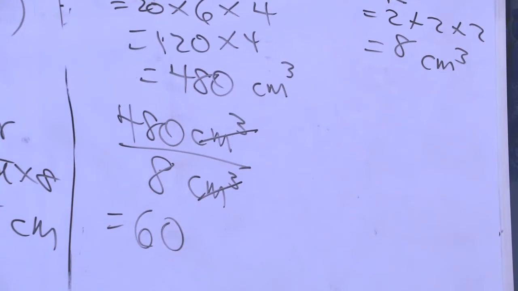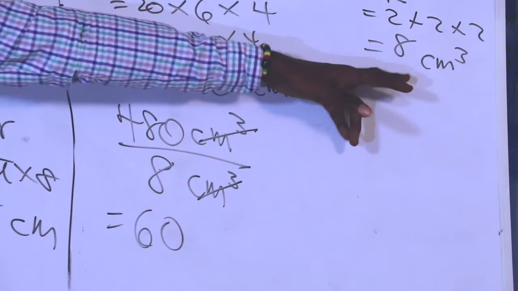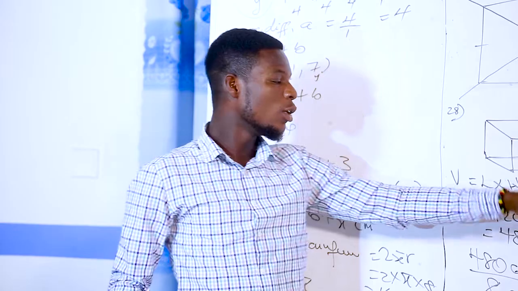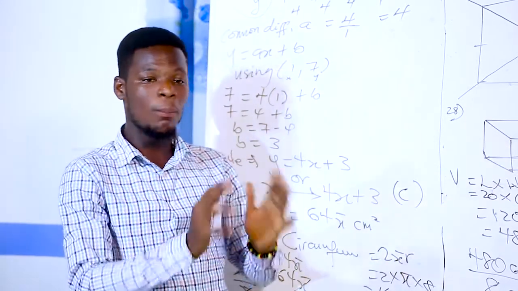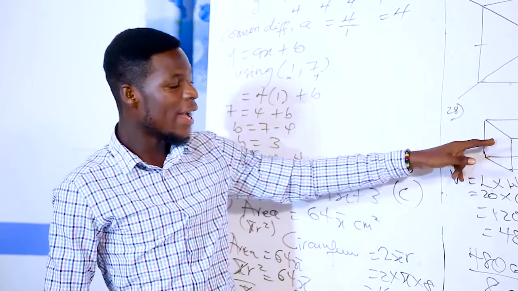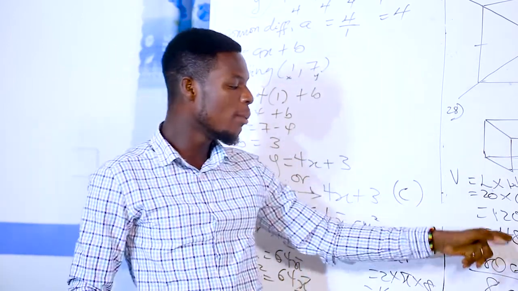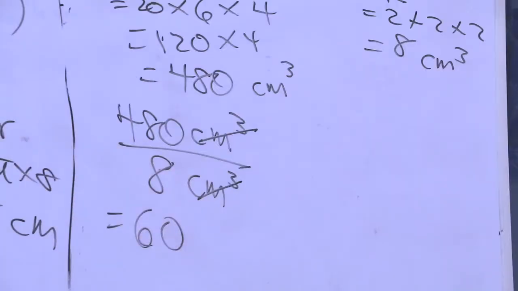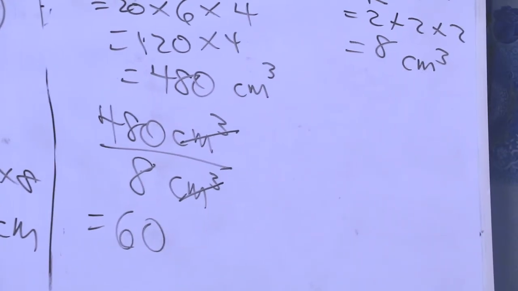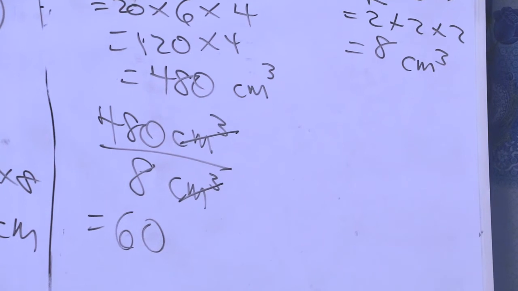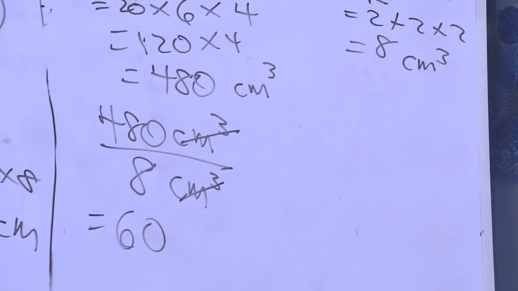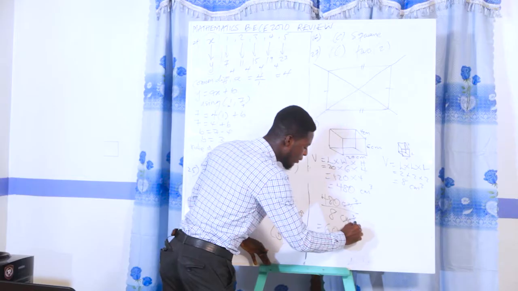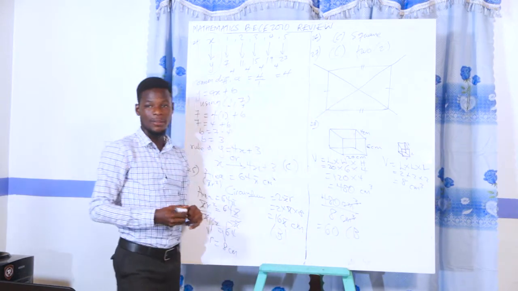So it means that we need a total of 60 cubes of 8 cubic centimeters each to fill perfectly the rectangular box of volume 480 cubic centimeters. So when you consider the options, we have A 120, B 60, C 30, and D 50, which means our correct answer is B. We need 60.